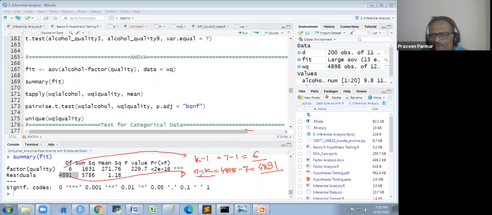For the residuals, we take n minus k, the number of categories, whatever you are taking. For chi-square, we have a different formula for degree of freedom. For the ANOVA, we have one categorical and one numeric variable. So in numeric, from the total number, we deduct the number of categories. Is it clear? Does that make sense to you?